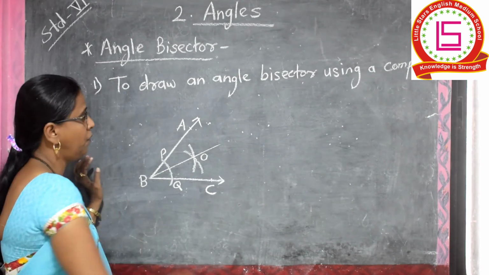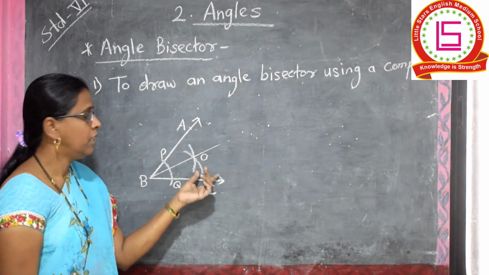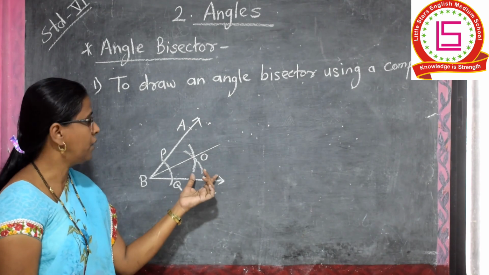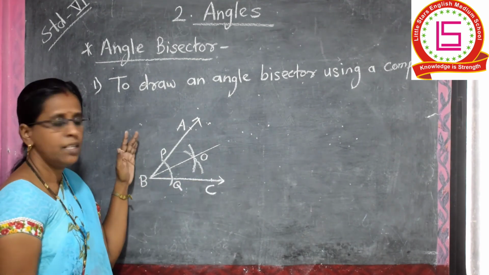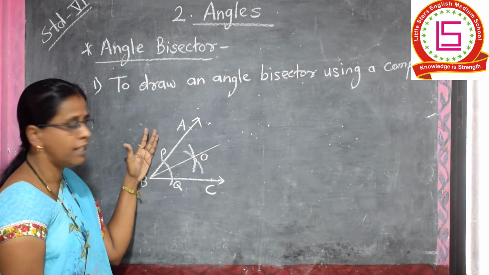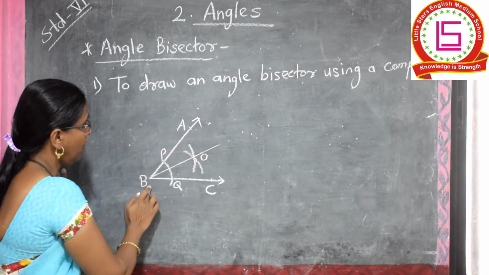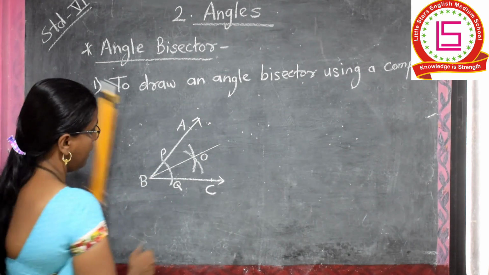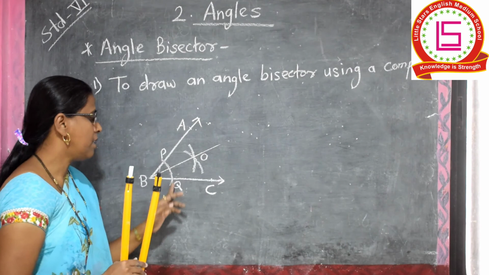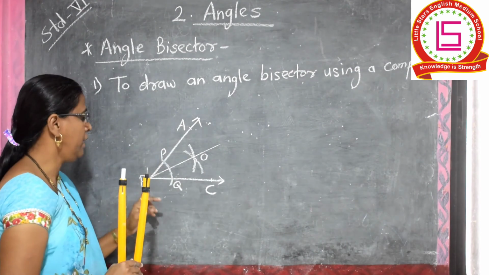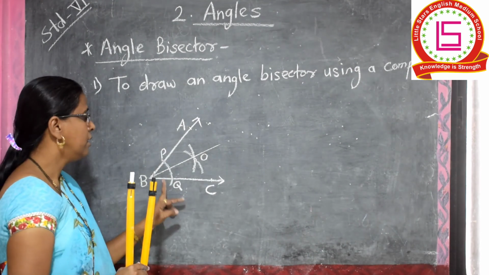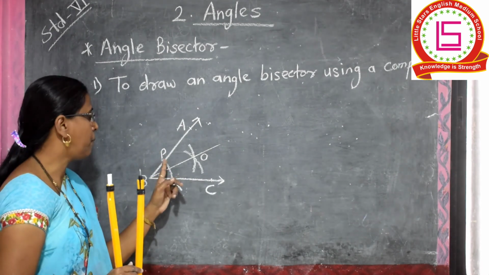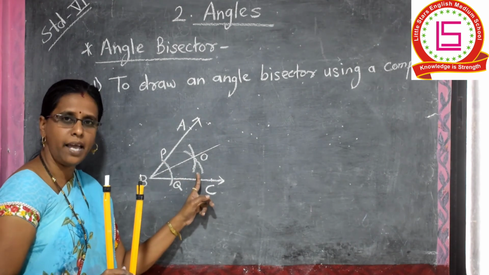Okay, then we have to check also whether these two parts are equal or not. These two parts are equal. Okay, then see here, first what did we do to bisect the angle? First, take a convenient distance in the compass and draw an arc to cut AB and BC. Then taking another same convenient distance, place the compass at point P and draw an arc inside the angle.